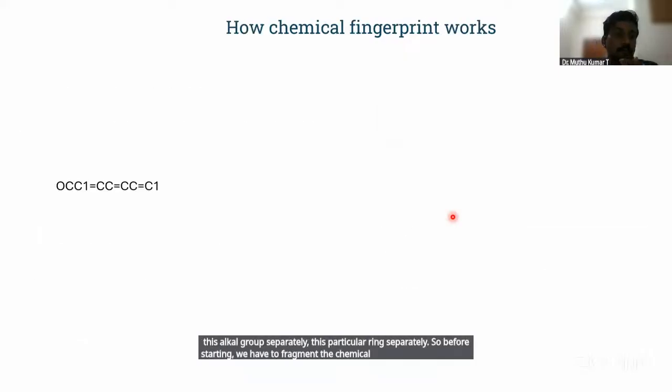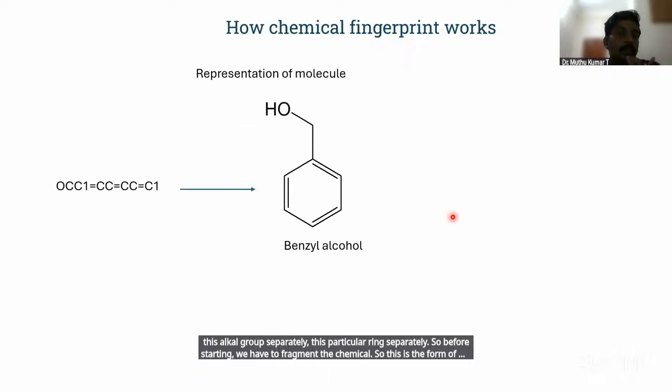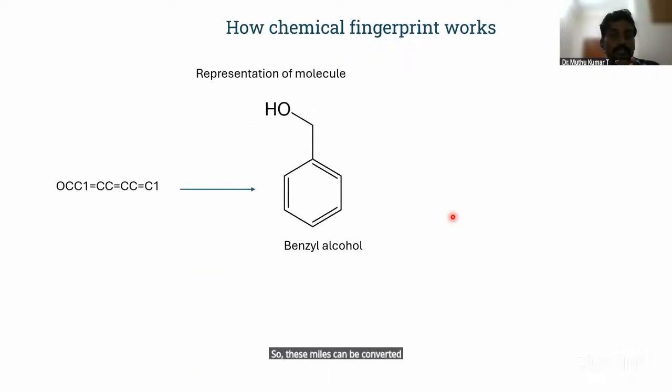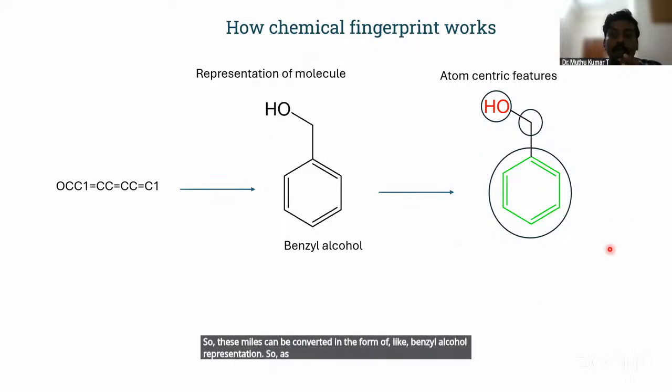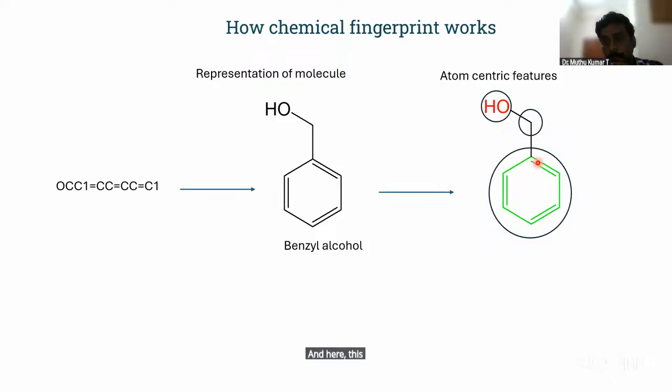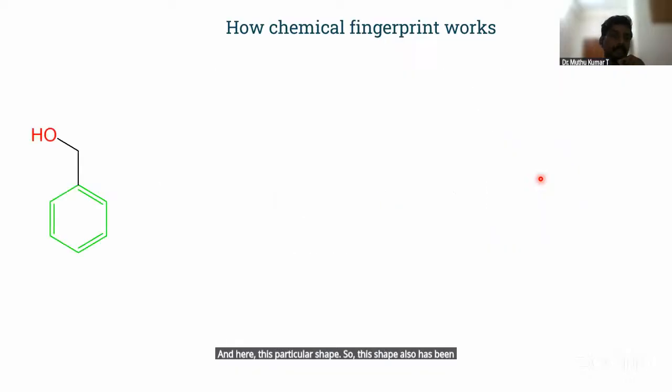So this is the SMILES form, and these SMILES can be converted to a benzyl alcohol representation. As I said earlier, how we are fragmenting is circle-based fragmentation. Here the alcohol group is fragmented separately, the circle is fragmented separately, and this particular shape is also fragmented separately.